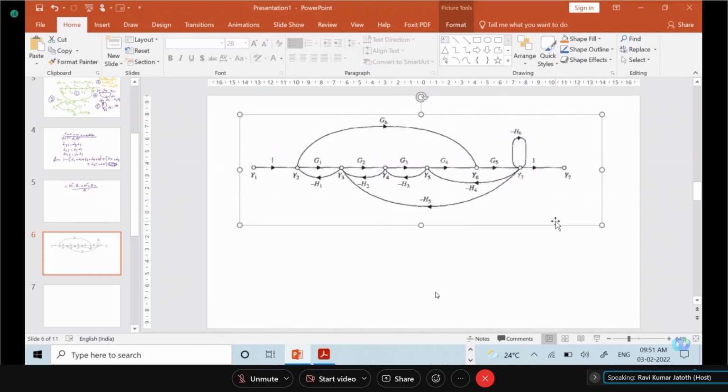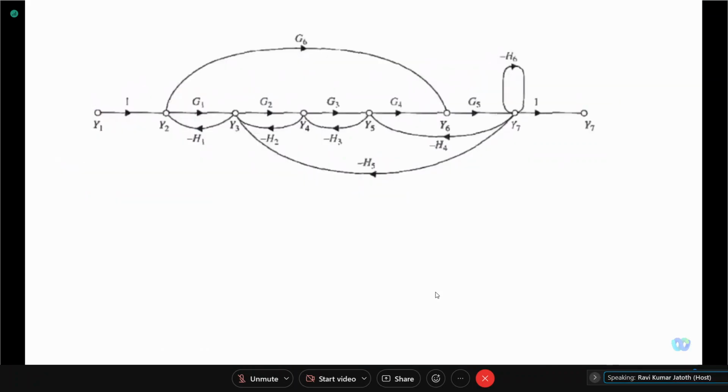How many forward paths are here? Y2 to Y1? I want the transfer function Y2 to Y1. Consider Y2 as output node, Y1 as input.